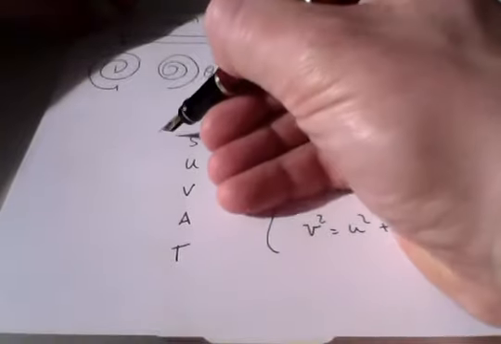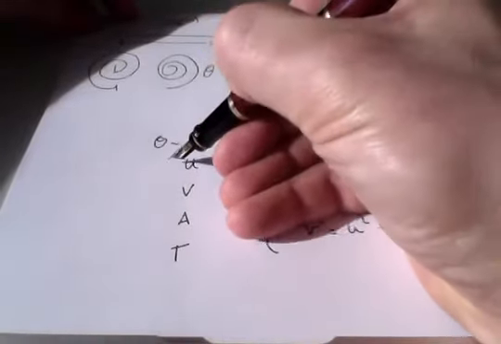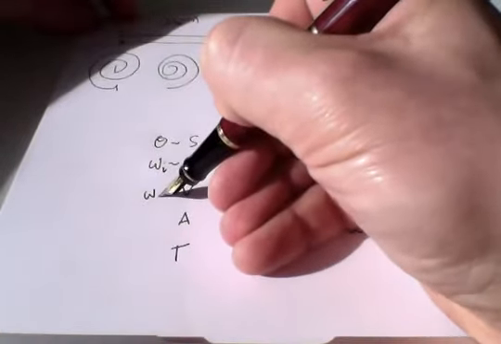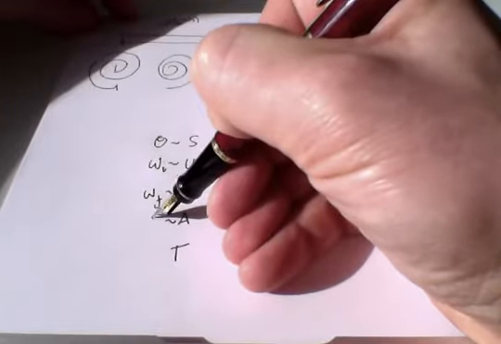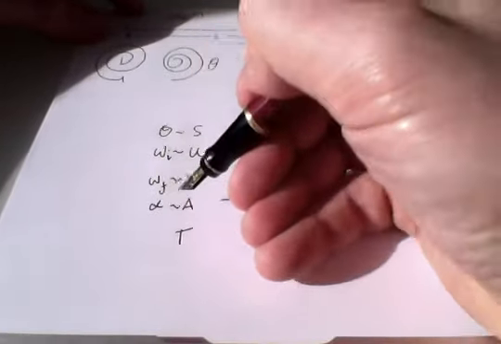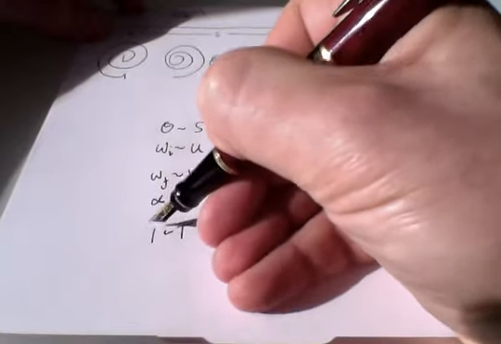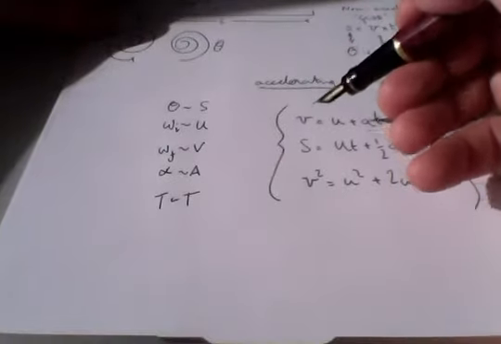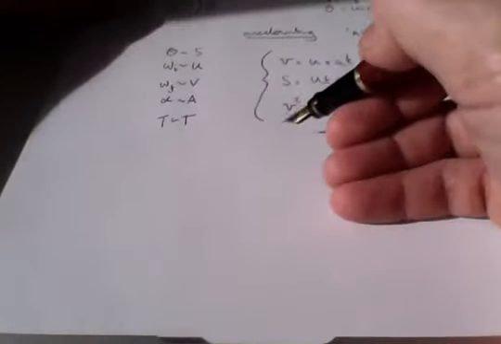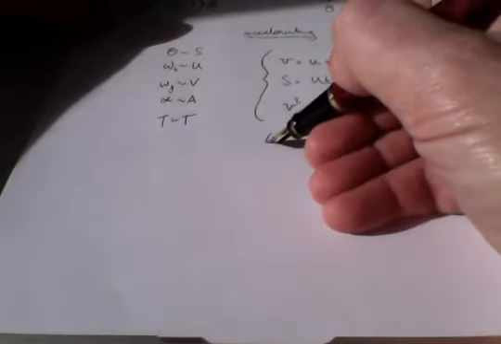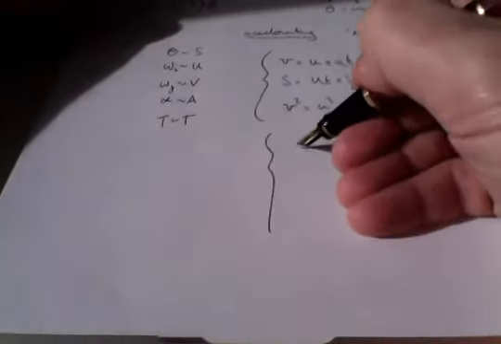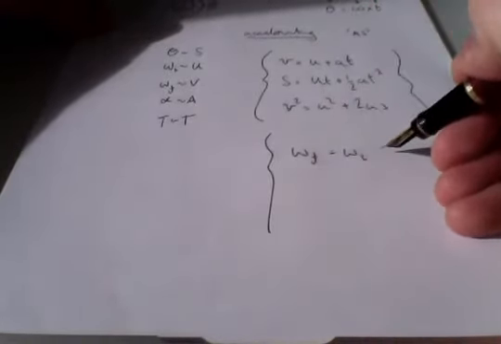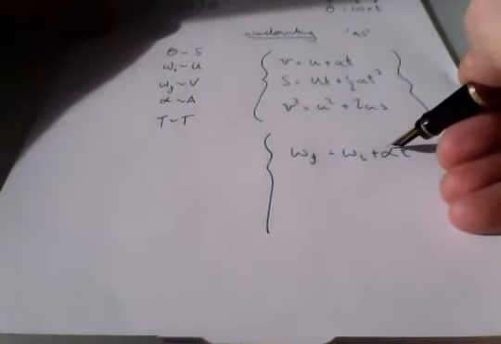If we replace S with theta, initial angular speed, final angular speed, acceleration with a new term called alpha, which I'm going to come on to, and time is still time, suddenly all of these equations are reconverted into rotational equations. Final angular speed is initial angular speed plus alpha t, where alpha is angular acceleration.